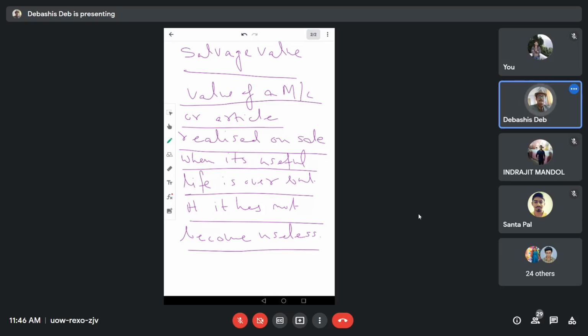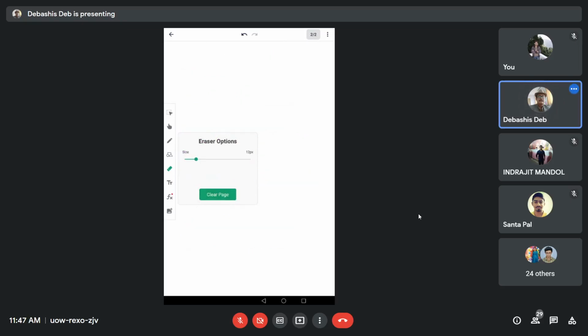Just now I will be writing the scrap value, but in our problem, if we say that salvage value is 10% of the cost, we may say also the scrap value is 10%. So the salvage value and scrap value in our problem will be treated the same, until and unless I am giving two different data for salvage as well as scrap value.